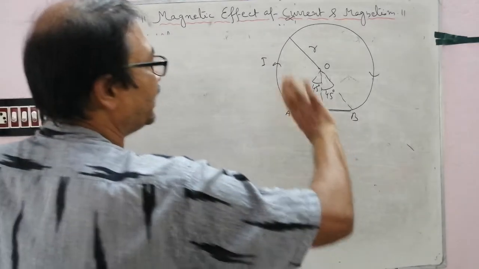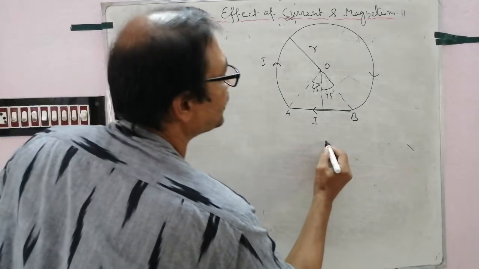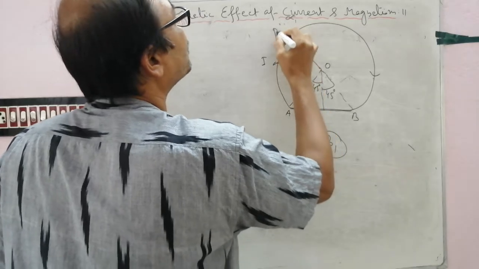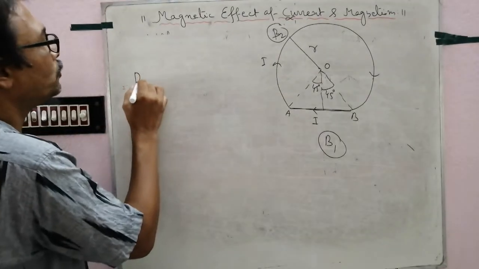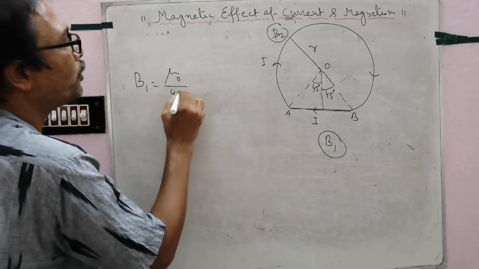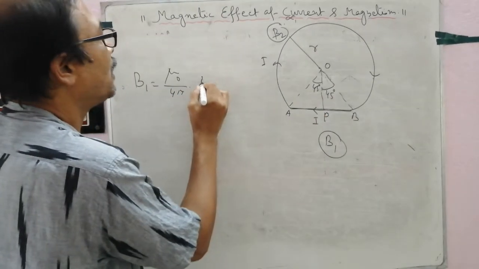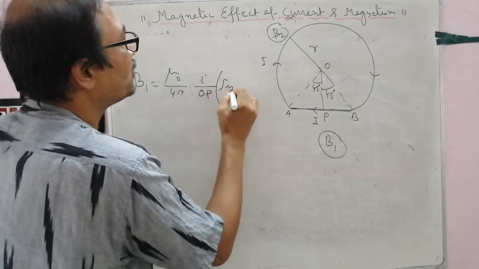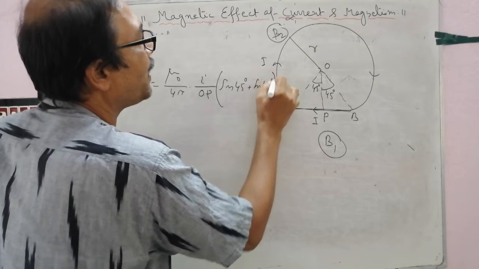So follow the direction of the magnetic field according to the direction of the current, downward. Suppose for the AB portion the magnetic field is B1, and for the circular portion the magnetic field is B2. So B1 equals mu naught by 4 pi, I by a into sine 45 degree plus sine 45 degree.